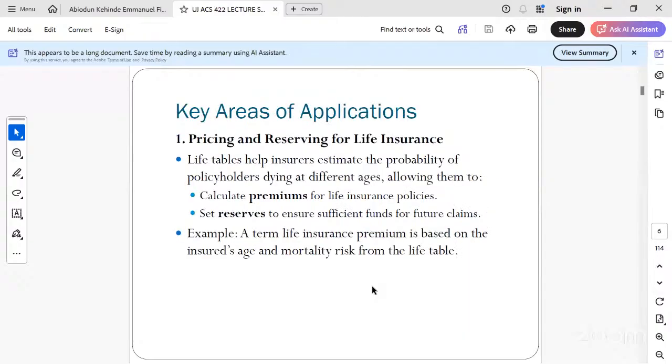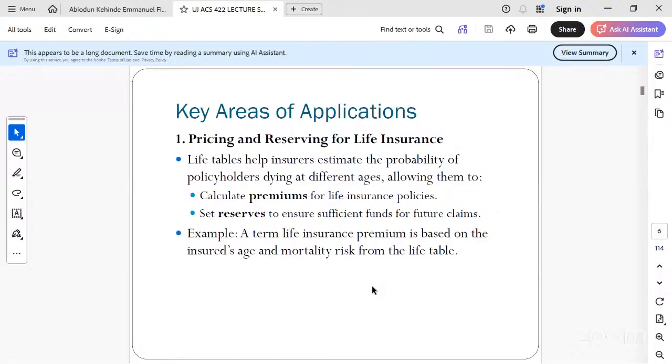So specifically, the very first area of application is in the pricing and reserving of life insurance. The life table is used as a device by actuaries to estimate the probability that a policyholder will survive to an age or die before an age.